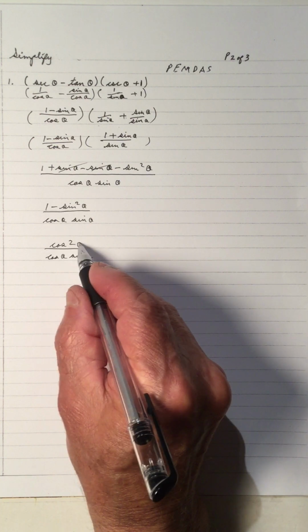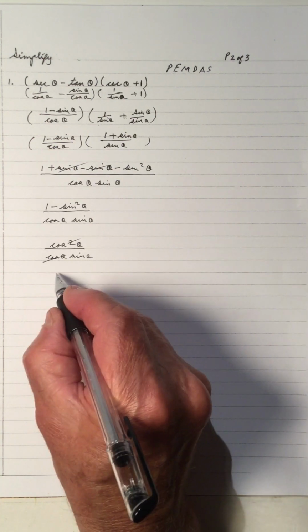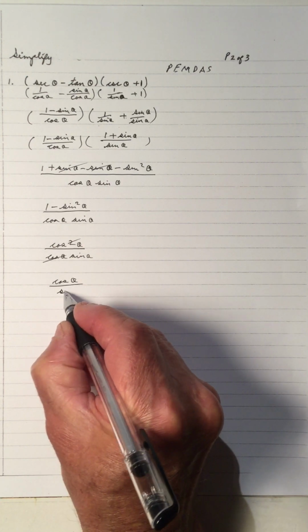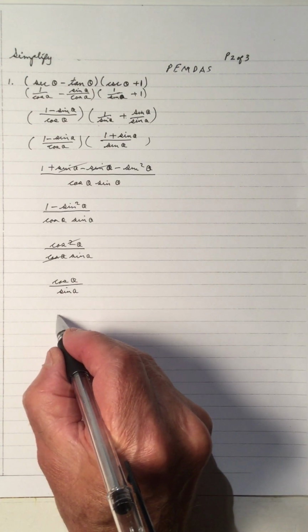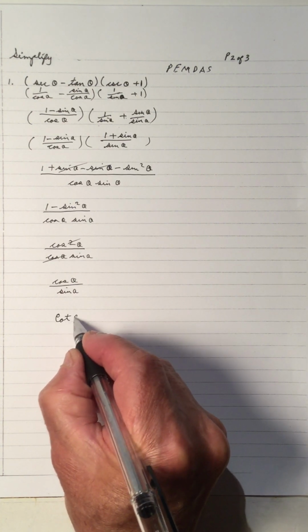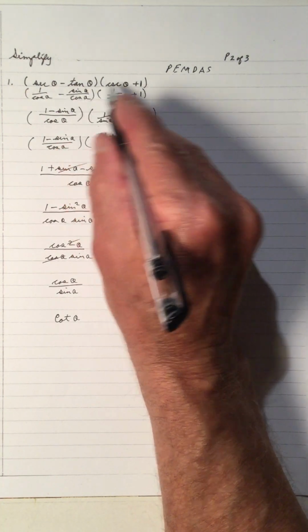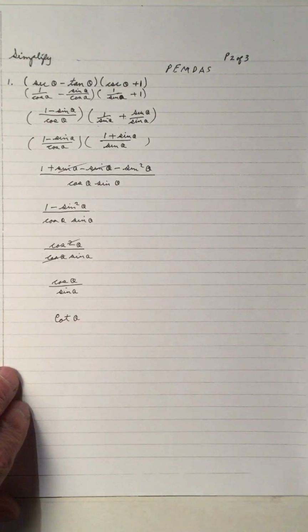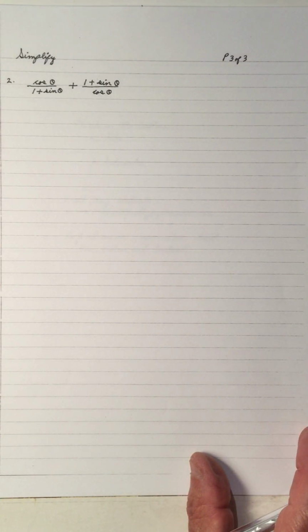We have cos squared on top and cos on the bottom, so that cancels out. So we get cos theta over sine theta. And another name for that, if you wish, is cot. So the product of these two is cot, which is cos over sine. Again, just different examples to show you how to simplify.